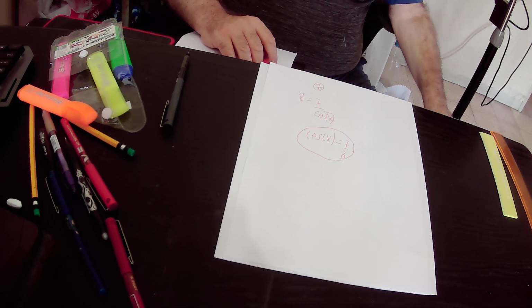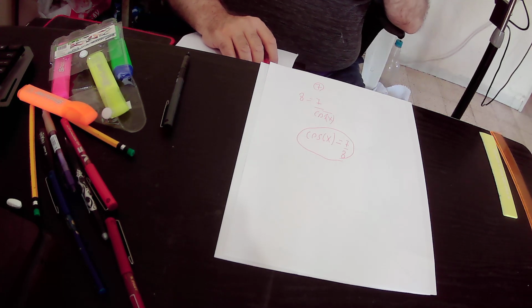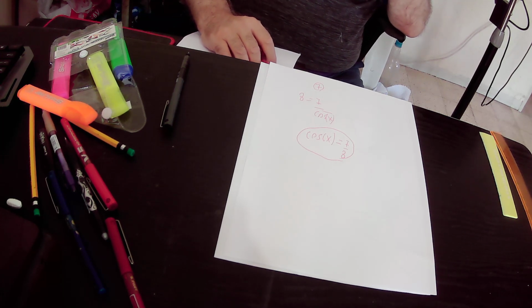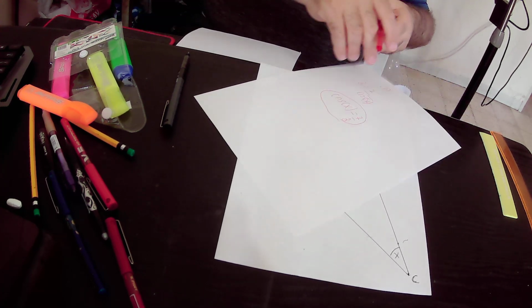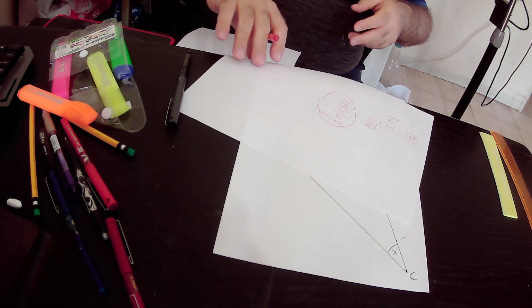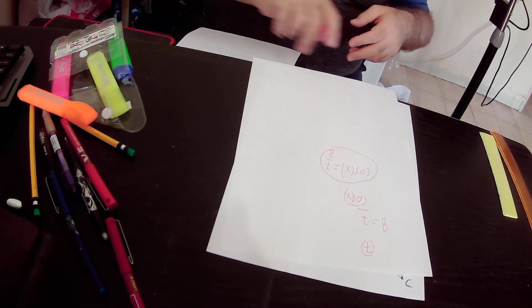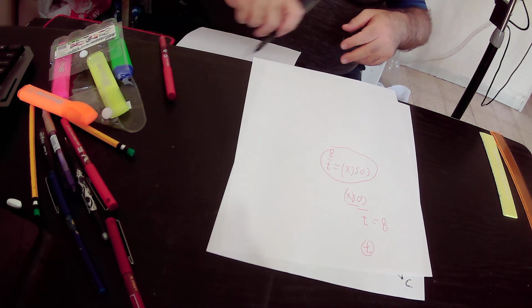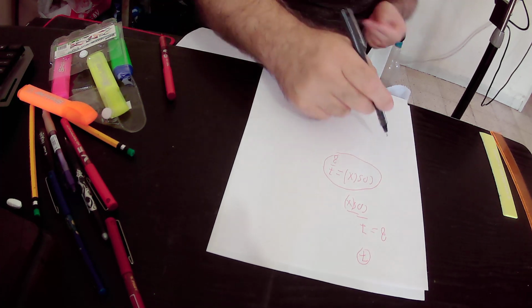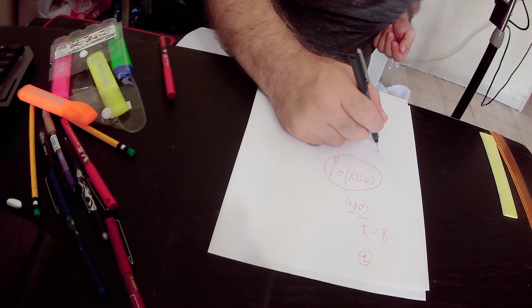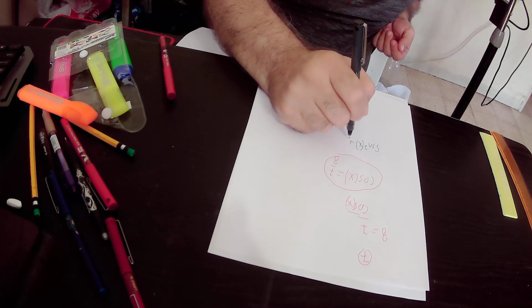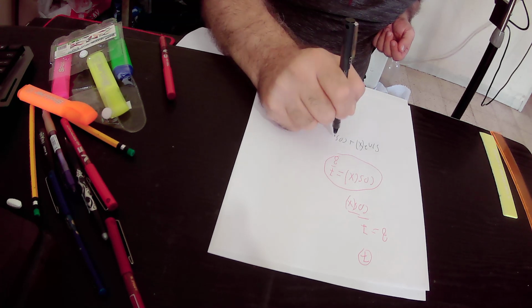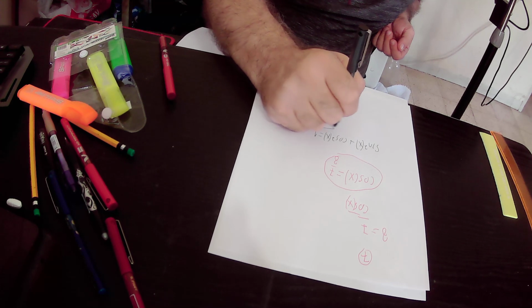In the next step, we will find out the value of sine x according to the following trigonometric identity. Sine square x plus cosine square x equals 1.